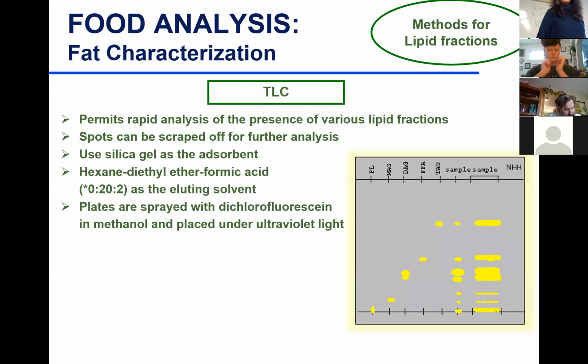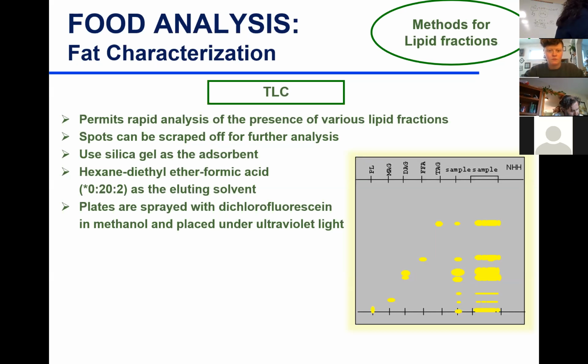This is just an example of thin layer chromatography looking at different fractions of lipids. Here you have silica gel as the adsorbent, and your mobile phase or eluting solvent is an organic phase. What moves the most are the least polar. What resists moving along with the organic solvent is the most polar.